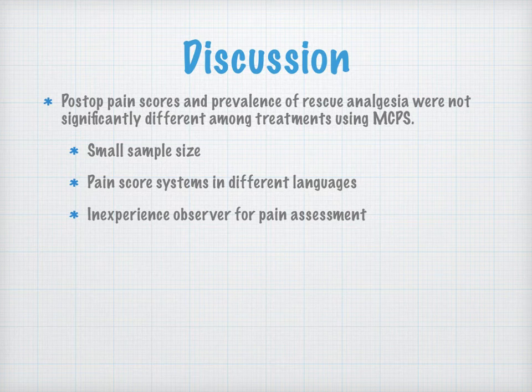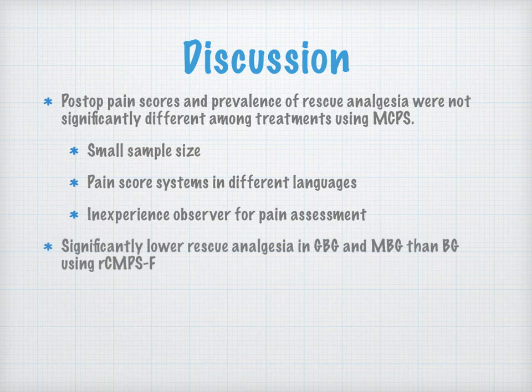The limitations of this study included small sample size, pain scale systems in different languages, and the relatively inexperienced observer for pain assessment. They did emphasize that prevalence of rescue analgesia would have been significantly lower in the GBG and MBG than BG using the Glasgow CMPS.